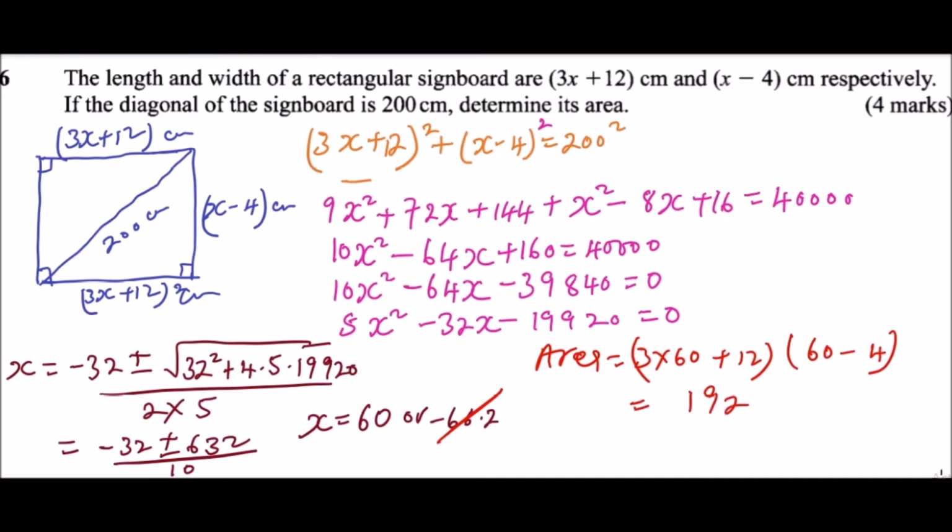That is 180 plus 12 is 192. You multiply by, that is 56, and this will be equals to 10,752, and that is centimeter squared.